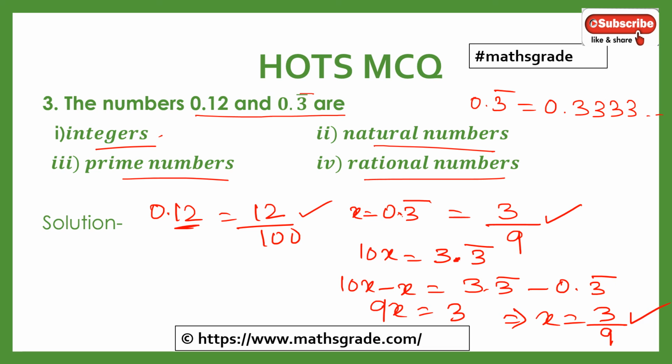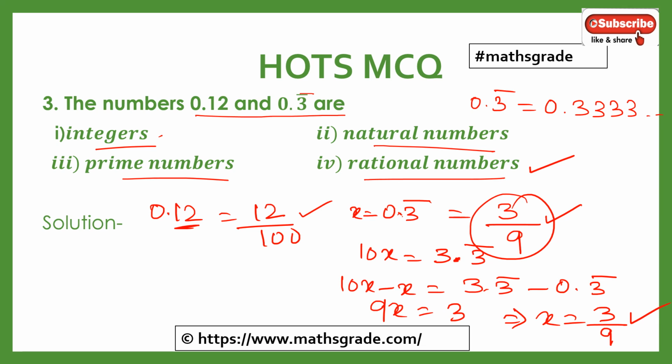3 divided by 9 is a rational number because the numerator 3 and the denominator 9 are both integers and the denominator 9 is not equal to 0. So 0.3 bar is also a rational number. So our answer will be 4, rational number. 0.12 and 0.3 bar are not integers.